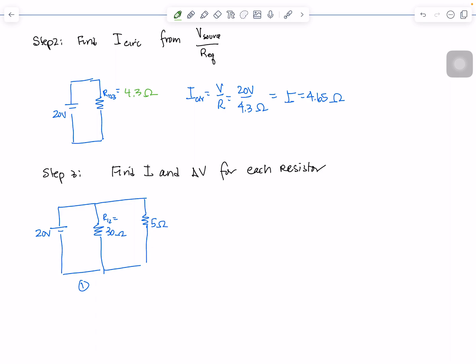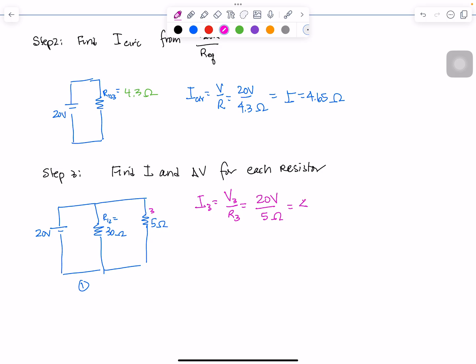All right, so I know that for resistor 3, we're just going to call it I3, is equal to potential 3 over R3. And so that is 5 ohms. No, it's 20 volts. Sorry. That would be bad if I did this wrong. 20 volts over 5 ohms. And so that is equal to 4 amps.